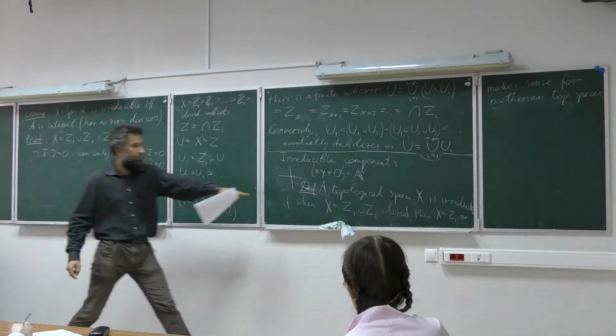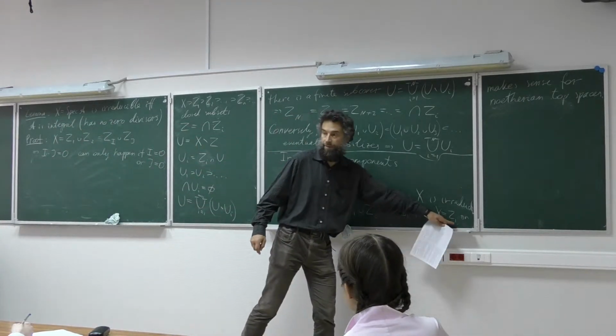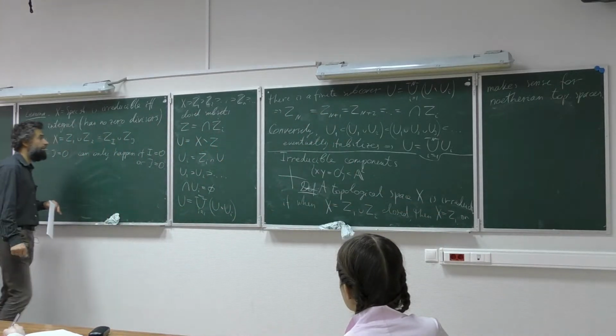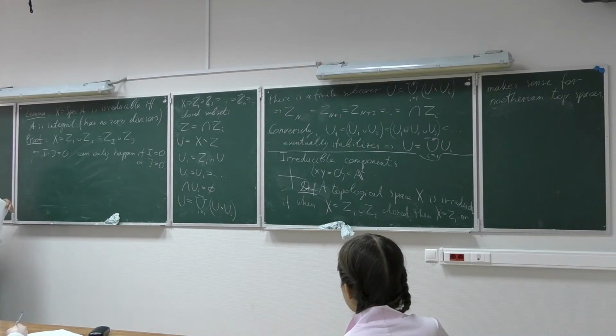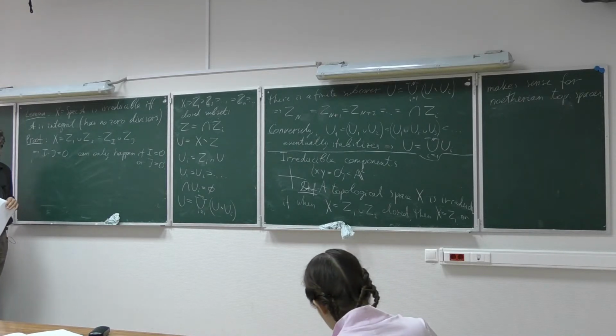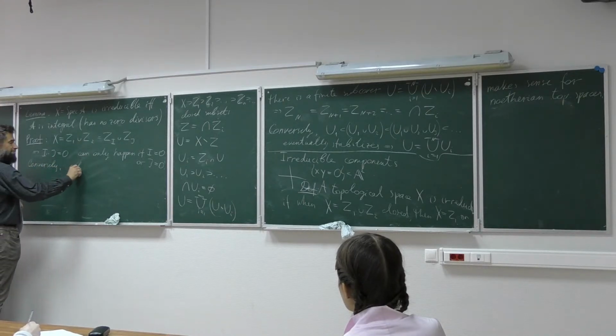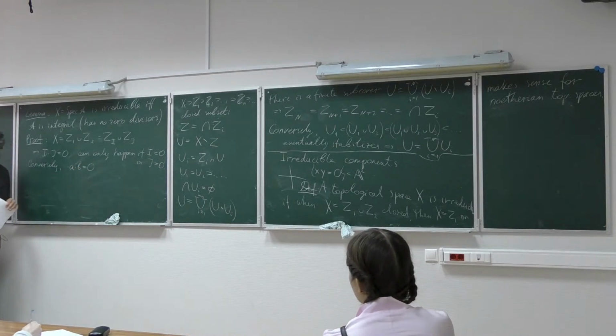Okay, and that's exactly our condition. And conversely, suppose our ring does have zero divisors. Say A times B is 0.